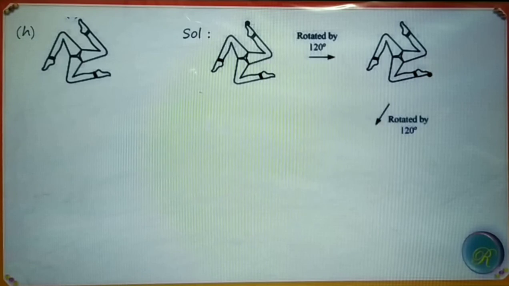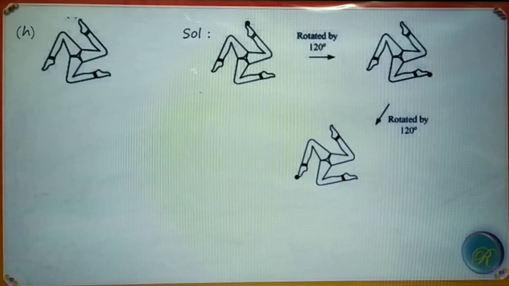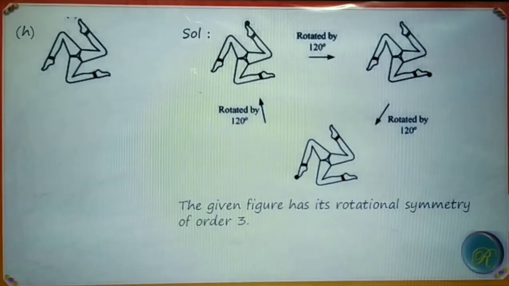Again, when we rotate it by 120 degrees, then we will get this figure. Once again, by 120 degrees, we will get the original figure. Therefore, the given figure has a rotational symmetry of order 3.